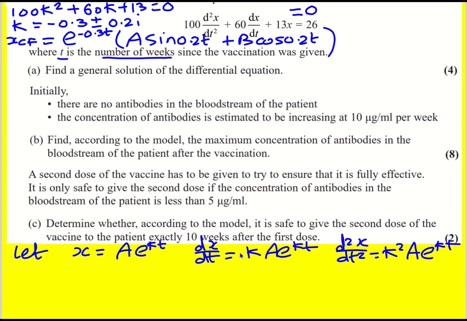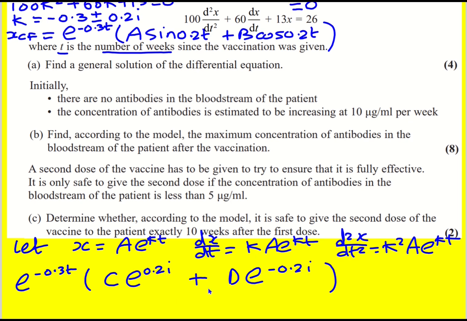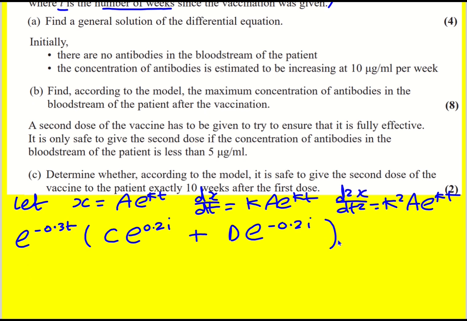And just a little reminder where this comes from. We've got our e to the minus 0.3t, and then you could write it as c e to the 0.2it plus d e to the minus 0.2it. It's just that these contain imaginary parts. We want it all to be real.